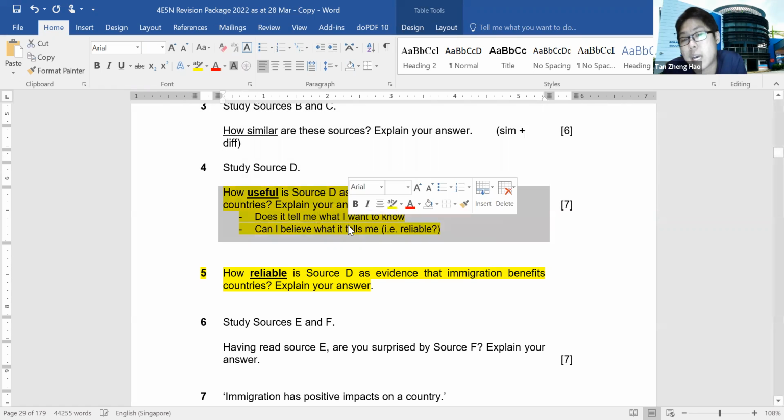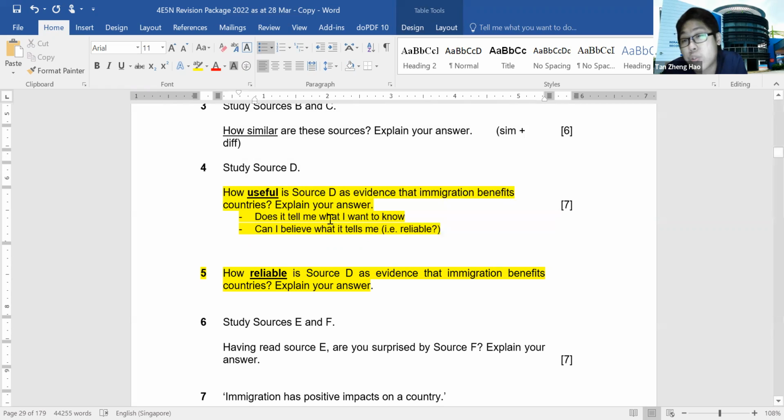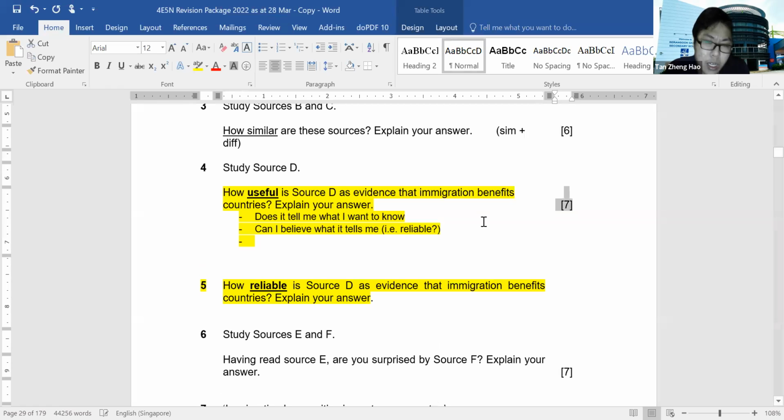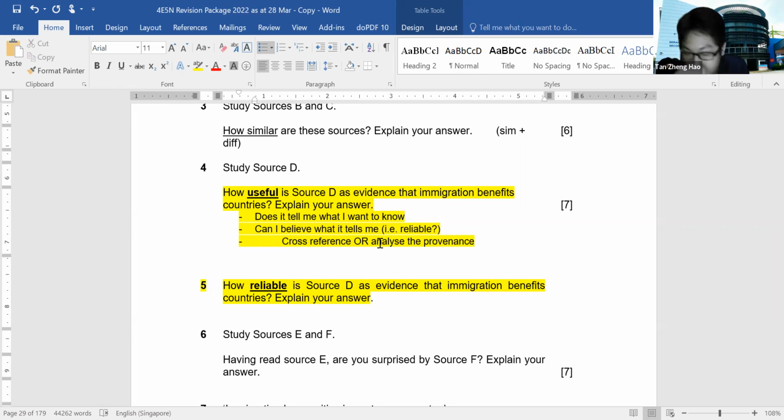Later you will see I will write two short paragraphs addressing these two parts. When I do the last part, the reliability one, your teacher will have taught you there are a few ways to do this. You can either do cross-referencing or analyze the provenance, the background and the author of the source.